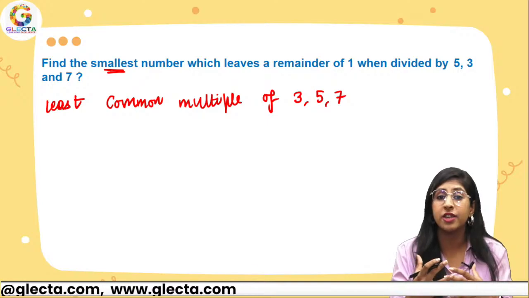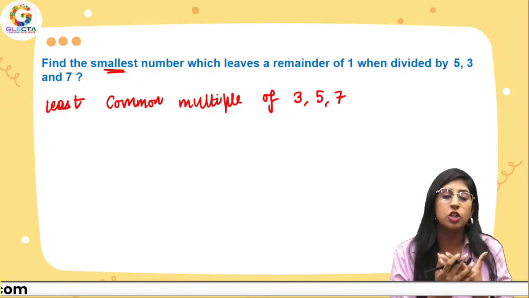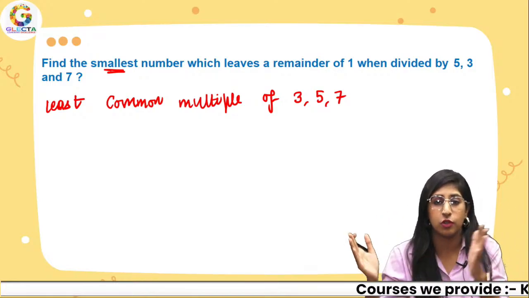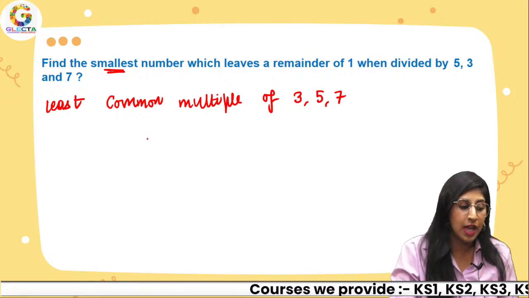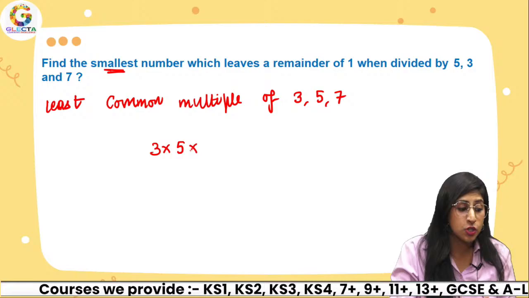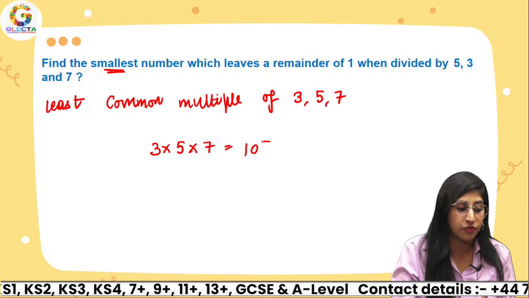Why are we calculating the least common multiple? Because I want the number to be divided by every other, like, 3, 5 and 7, all of them. So over here, LCM of 3, 5 and 7, they're all prime numbers. So 3 times 5 times 7, which is 105.